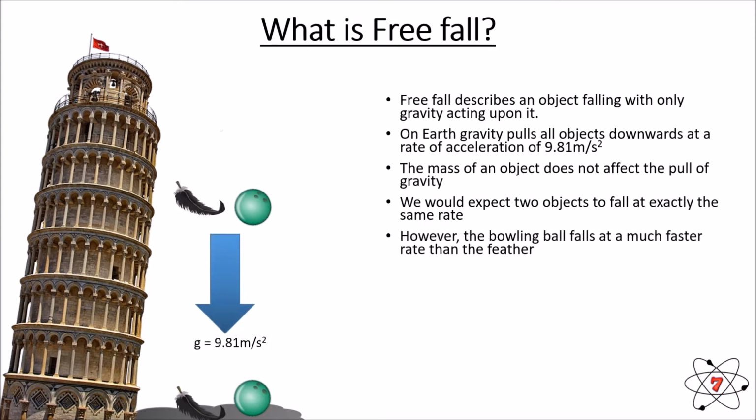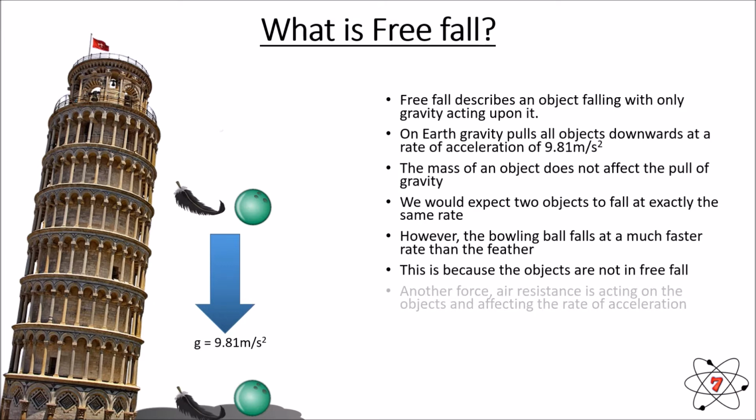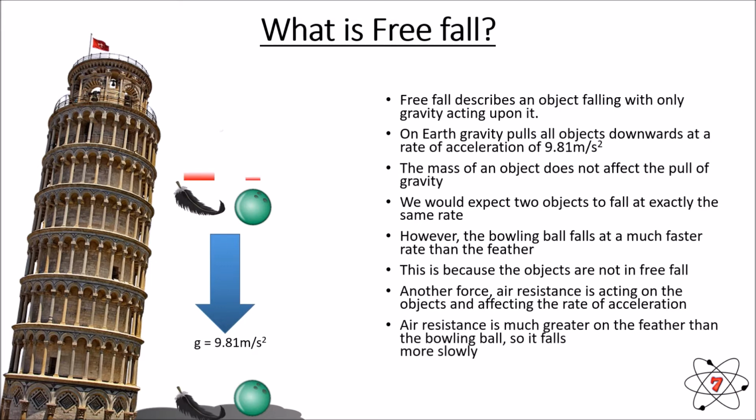So the bowling ball does fall much faster than the feather because there's something else going on. And this is because the objects are not in freefall. Another force, and that force is air resistance, is acting on the objects and it's affecting the rate of acceleration. So, air resistance is working in the opposite direction to gravity.